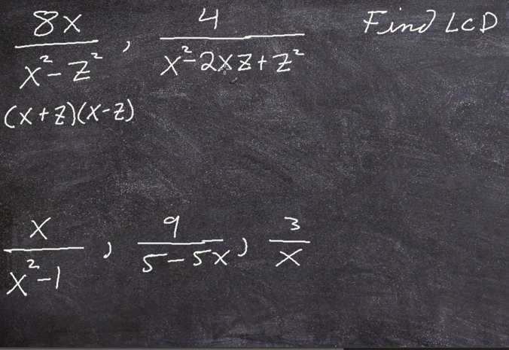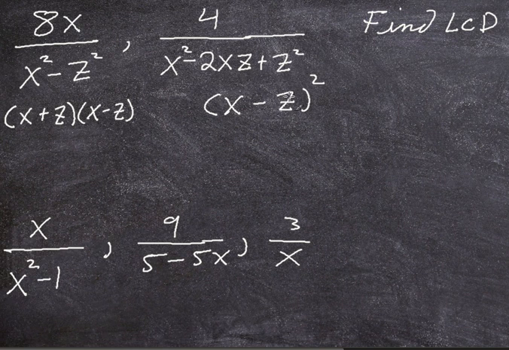I have x squared minus 2xz plus z squared. This looks like a perfect square. Is it? Yeah, I think it is. So we have x minus z squared. You can check your cross terms. 2 times x is 2x times negative z would be negative 2xz. That's exactly what we want.